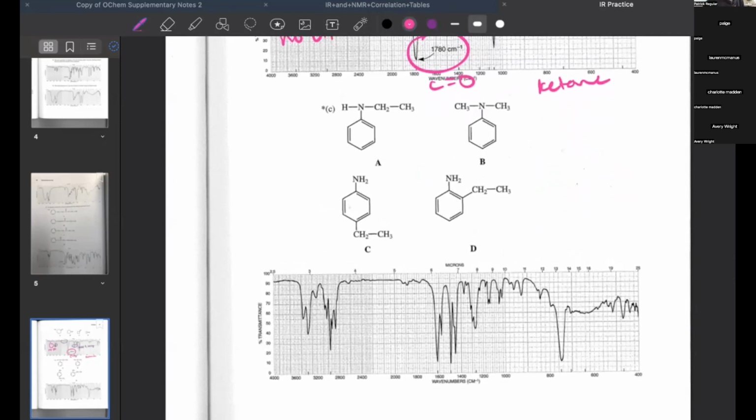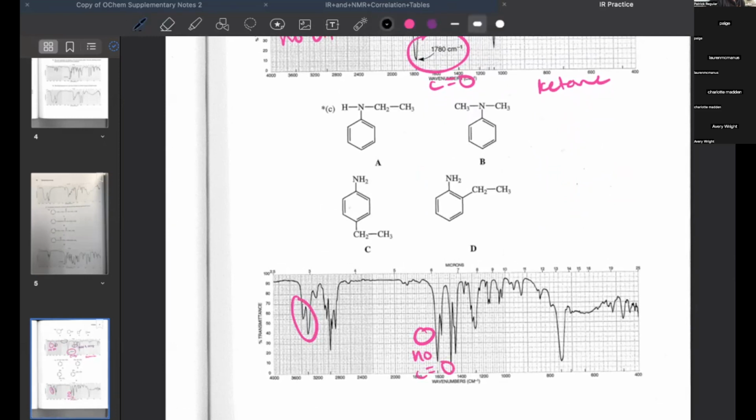All right. Next up right here, we have another peak. We don't have a 1700 peak, so there's no carbon double bonded O. We do have some peaks here. You might be thinking, is that an OH peak? No, an OH peak would normally be kind of like a clean hump.